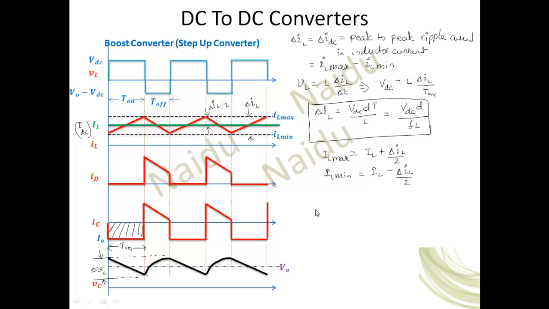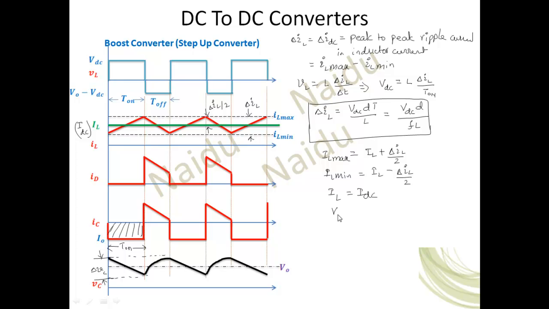But how to calculate the IL here? As I told you already, IL in this case is nothing but the average value of the source current. How to calculate the source average current? That's where we need to go for the power balance equation. So before going to the power balance equation, in case of boost converter, it is same as step up converter.